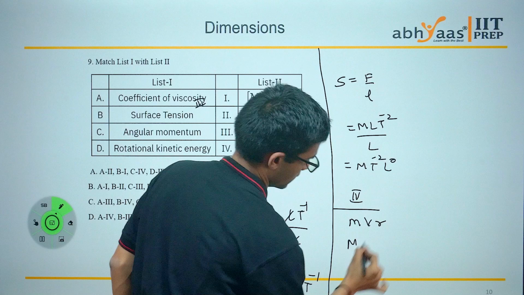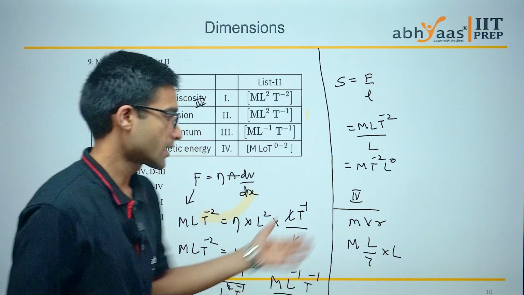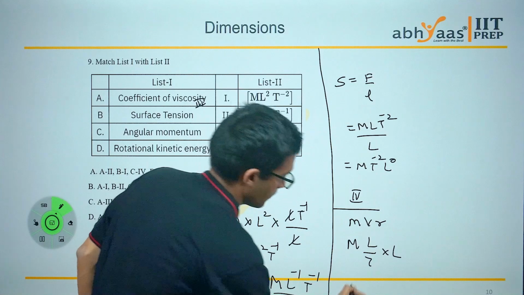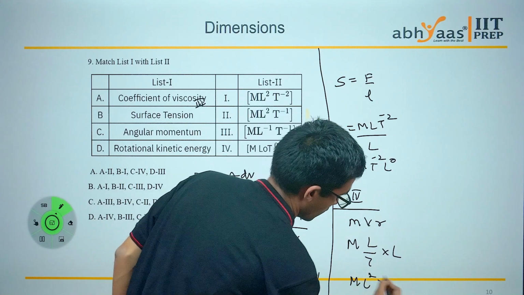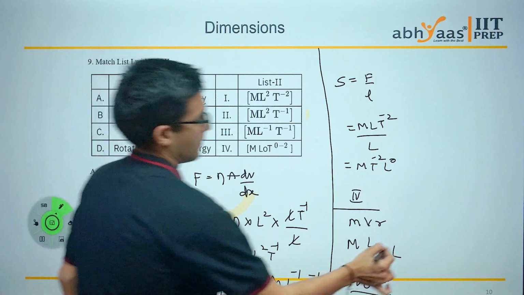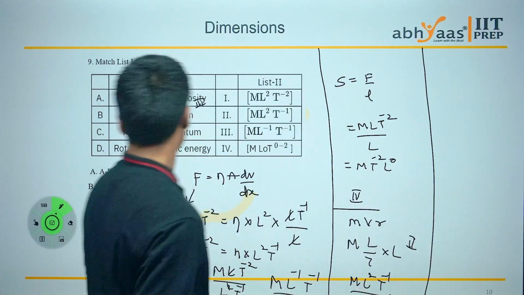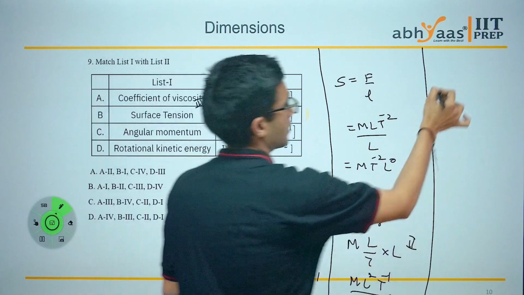So m L by t into L. V is meter per second, radius means L. ml square t power minus 1. So where is it? ml square, second one. For this it's second.